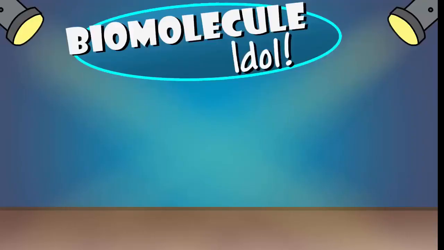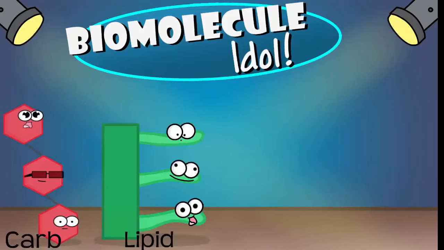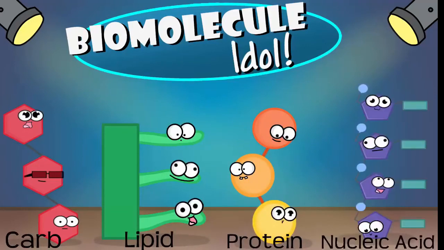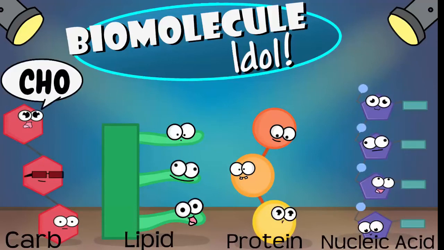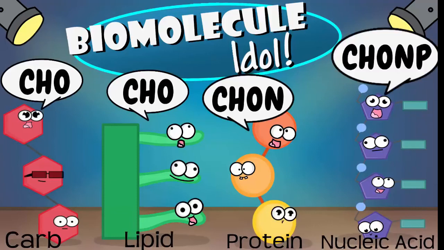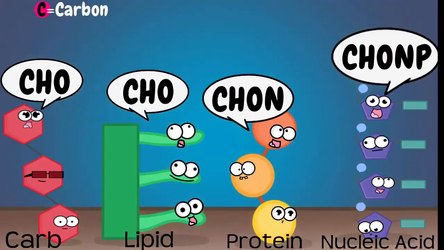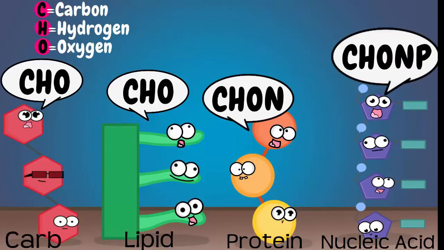One thing I like to tell students to do is to write the 4 biomolecules in the same order that we went through: carbs, lipids, proteins, and nucleic acids. Then remember this mnemonic device that goes with these 4 biomolecules: CHO, CHO, CHON, CHOMP. Instead of CHOMP at the end with an M, it's CHONP at the end with an N. The C stands for carbon, the H stands for hydrogen, the O for oxygen.